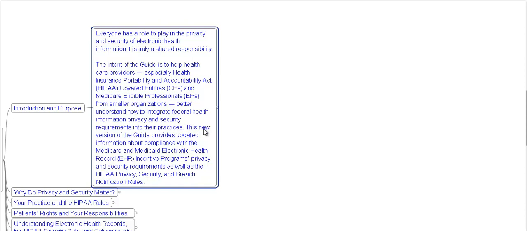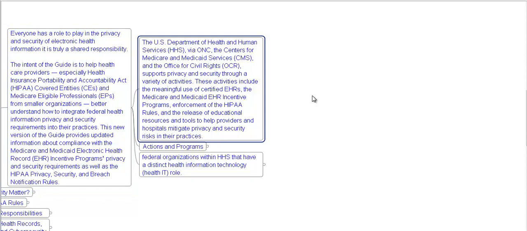This new version of the guide provides updated information about compliance with the Medicare and Medicaid electronic health record incentive program privacy and security requirements, as well as the HIPAA privacy, security, and breach notification rules.